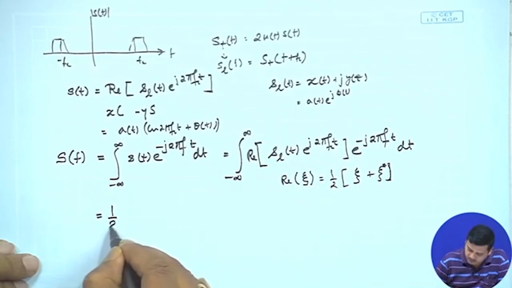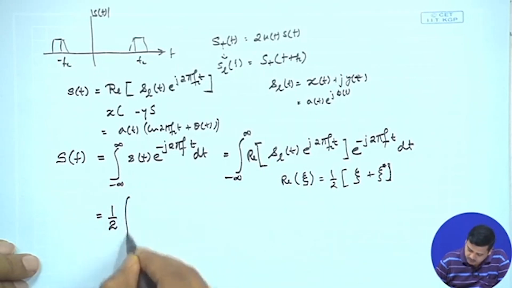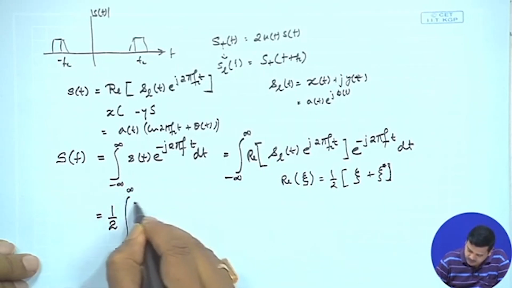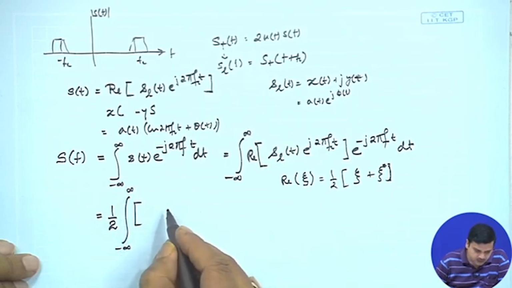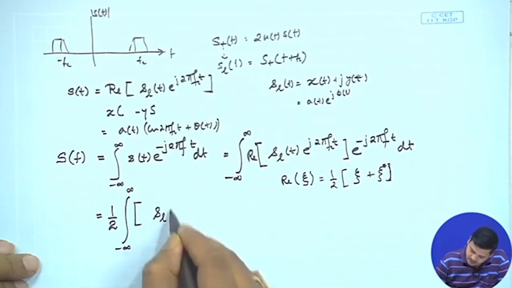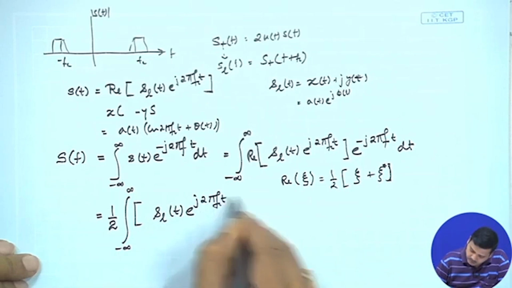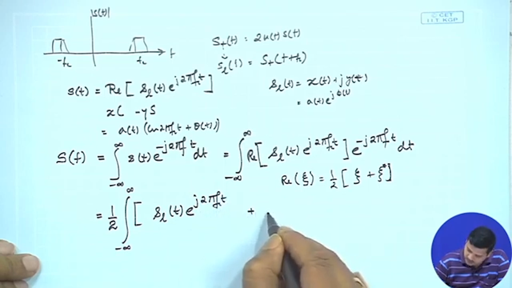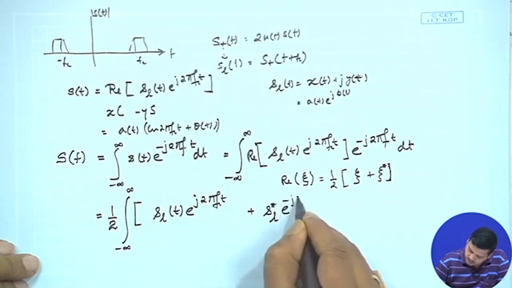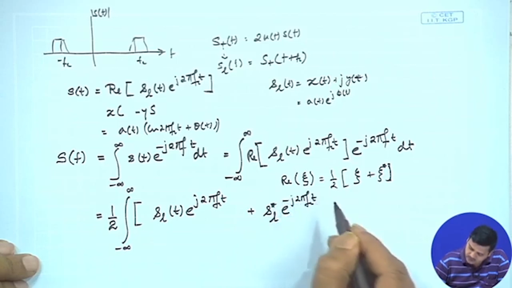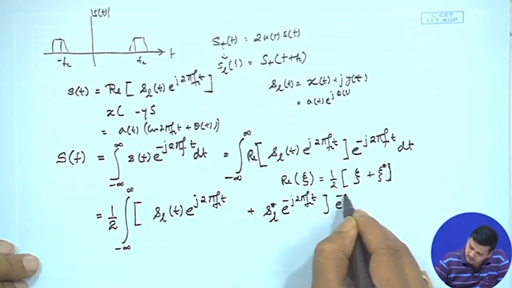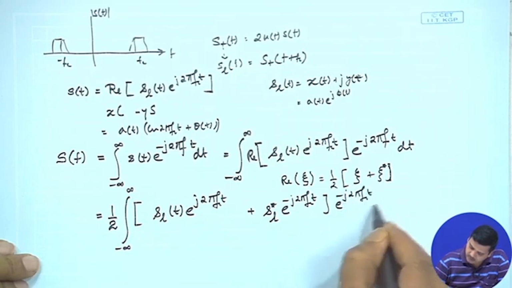We put a half straight ahead, the integral remains as it is, and this translates to s_L of t e to the power of j 2 pi f_c t plus s_L conjugate of t e to the power of minus j 2 pi f_c t, times e to the power of minus j 2 pi f t dt.